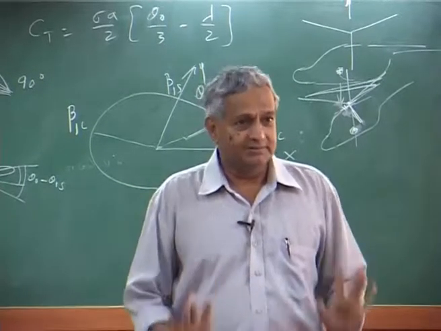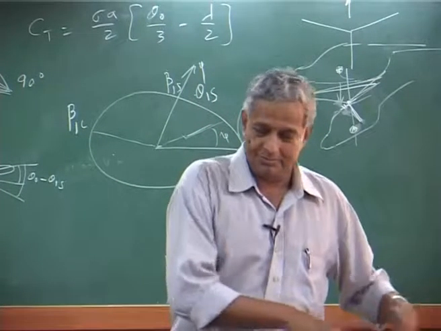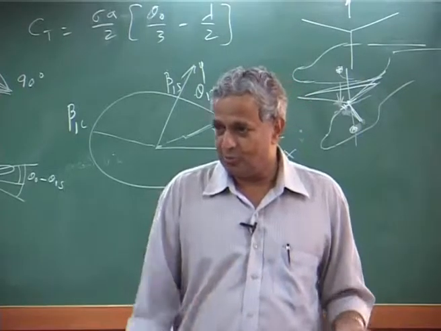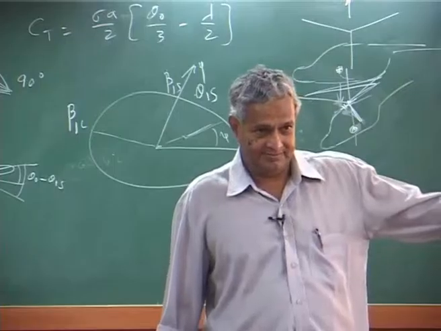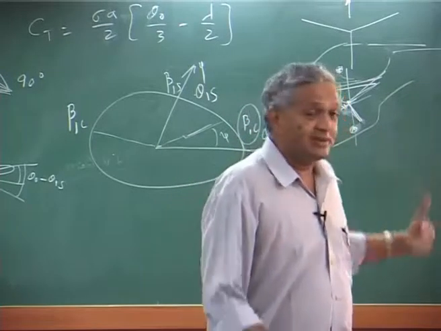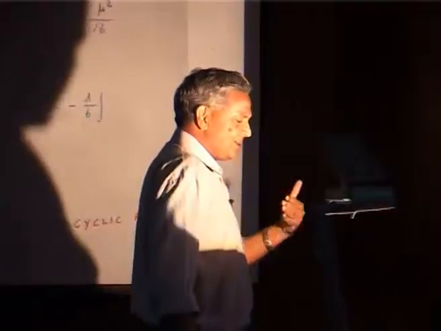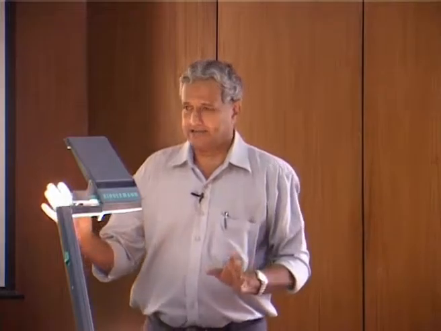Actual helicopters do not have that, so the phase will change. And is it the same in forward flight? Will the phase shift remain constant in forward flight? No, it will not, it will change slightly.